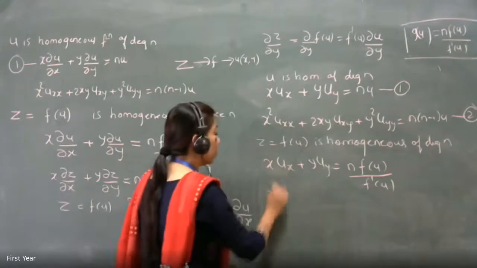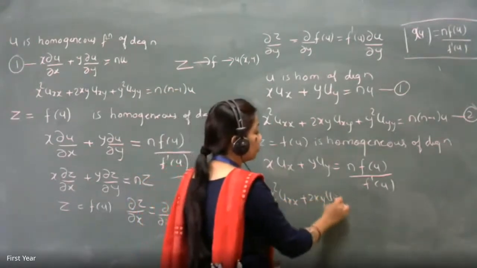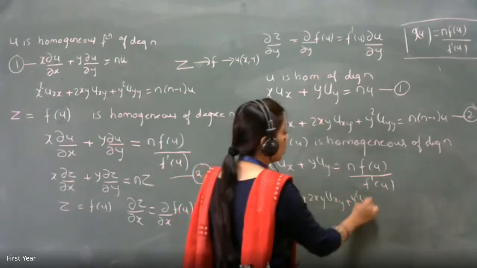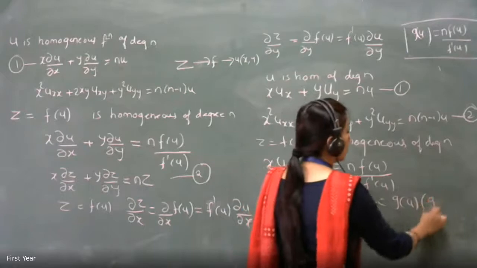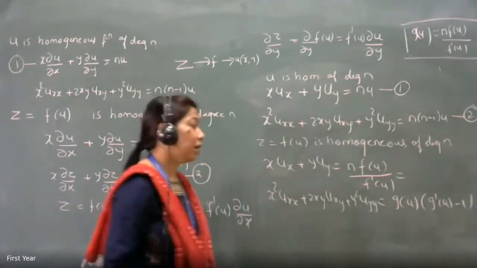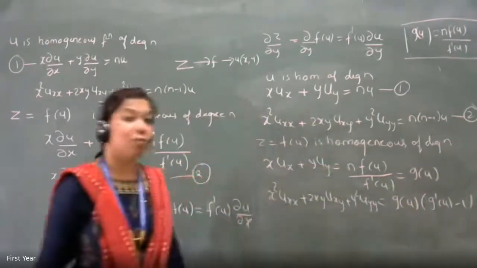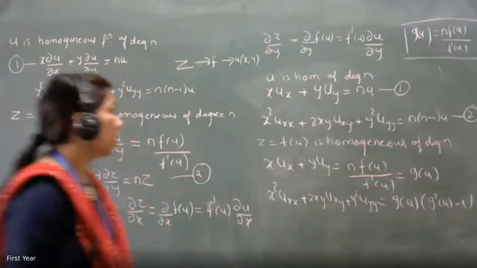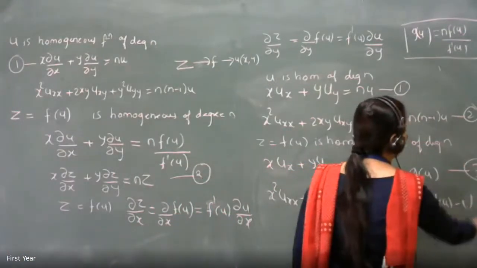And second order, x square uxx plus 2xy uxy plus y square uyy becomes g of u into g dash of u minus 1, where g of u is n into f of u by f dash of u. This is third and this is fourth.